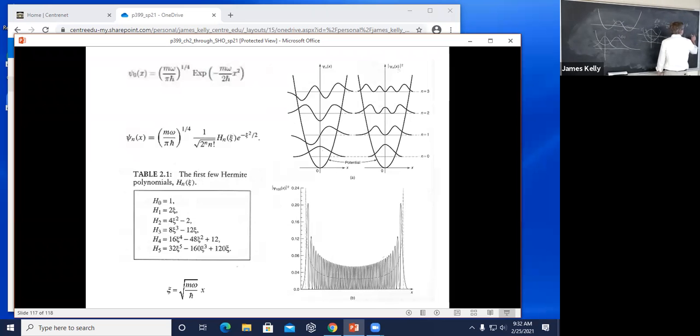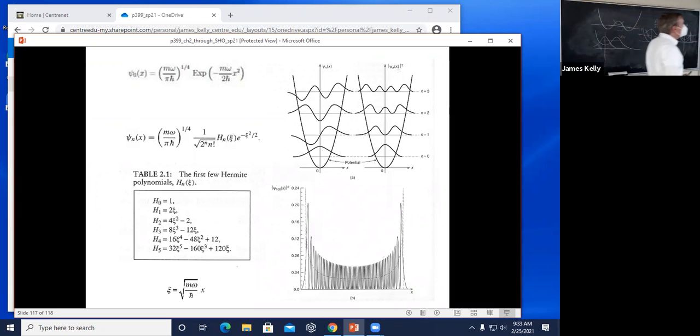If we release it from here, its total energy would be at this height. It has more kinetic energy but less potential down here, and then less kinetic energy but more potential, and it would oscillate back and forth. We decided its probability distribution better be 0 in the classically forbidden region, and really large where it's going slowly, and then go down to 0 in the classically forbidden region.